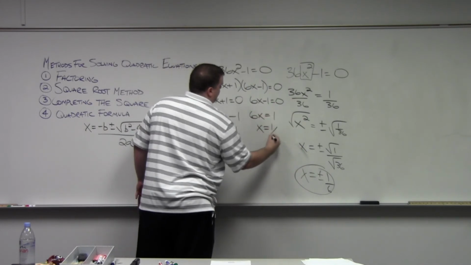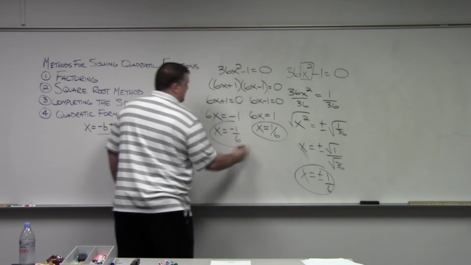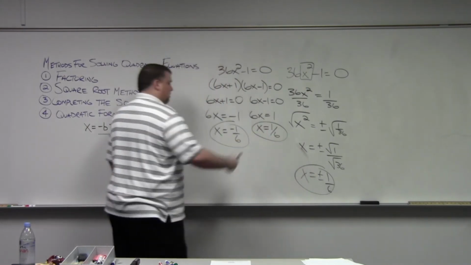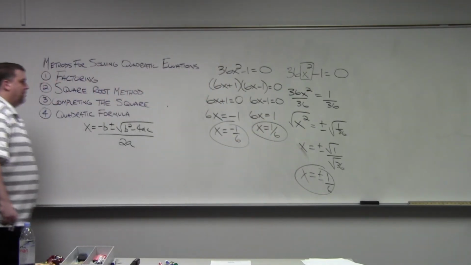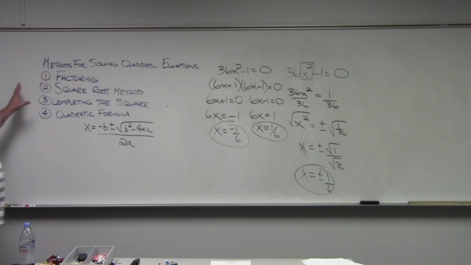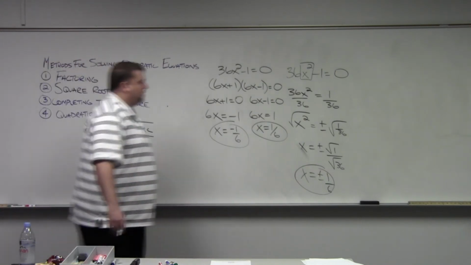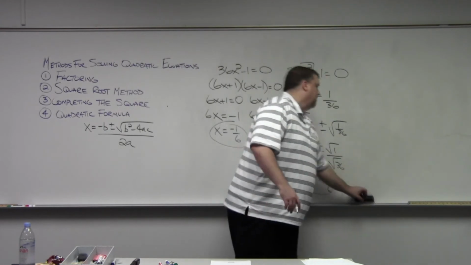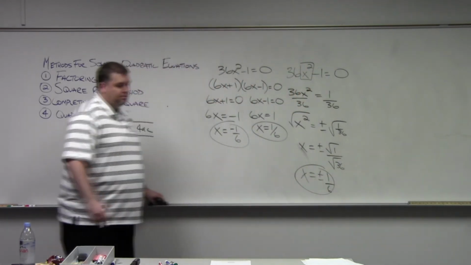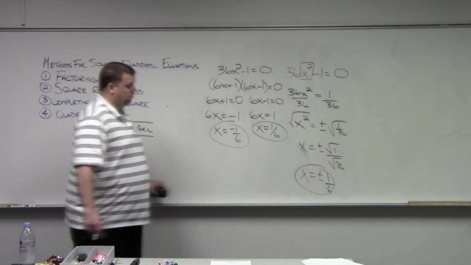And then solve those 2 factors. You end up with the same answers, right? Plus or minus 1/6. They both show up. Both take about the same amount of time. Any questions on that one? No?